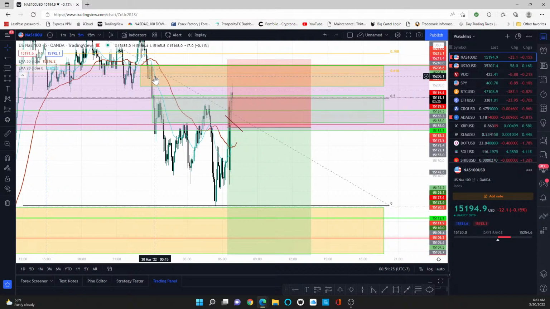Kind of like the way that looks, but we'll see. Small one, 0.02. Looks like we're seeing some exhaustion right here, but we know how that goes with this uptrend, so we'll see.